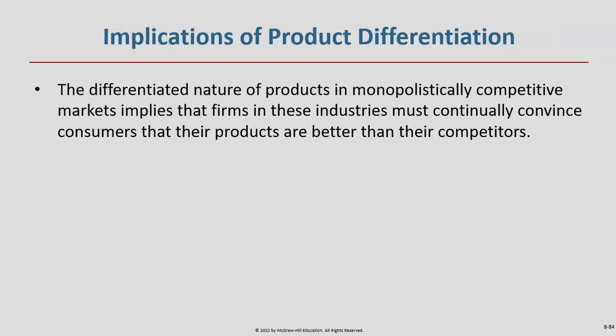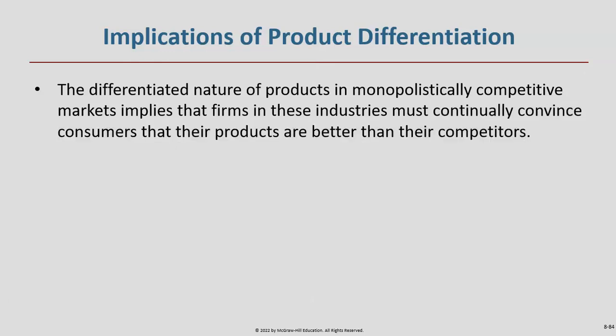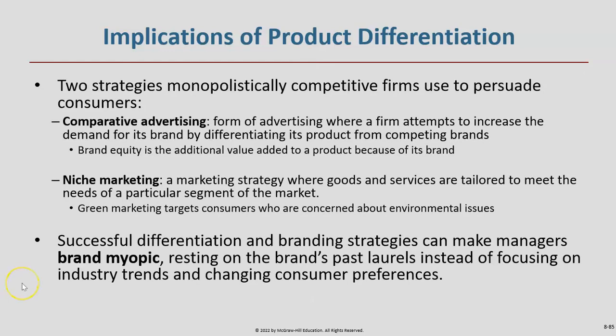these differences are just perceived, then one of the tasks that a manager has in a monopolistically competitive market is that you always have to convince consumers that your product is better than your competitors'. So a monopolistically competitive market is characterized by advertising.